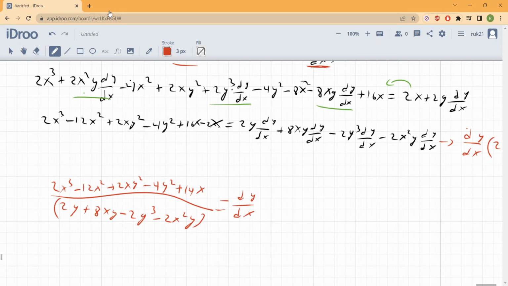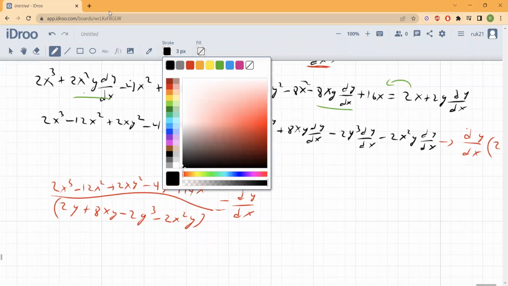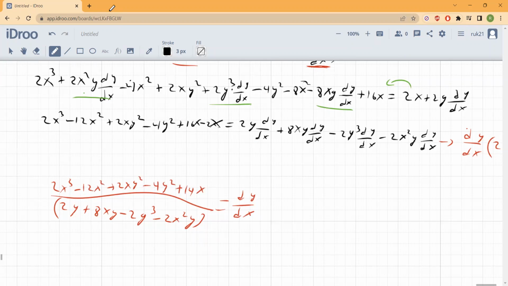So then what we do is we're going to simplify all the 2's just to make it a bit easier for us in the future as well.